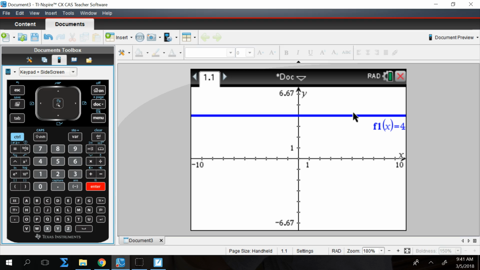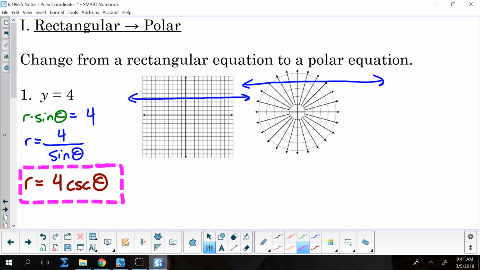Logically, let's look at this one. If I were to plot some points here, if I pick some thetas, I'm going to pick 90 degrees. We'll stay in degrees to make it easier. 90 degrees. What's the sine? And we'll go back to this blue equation.